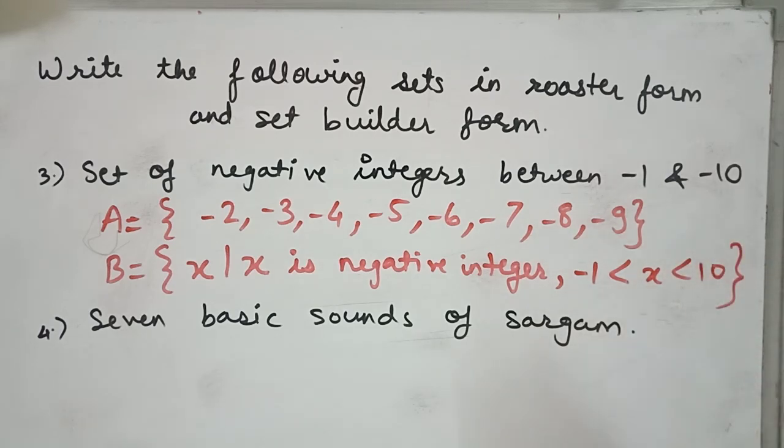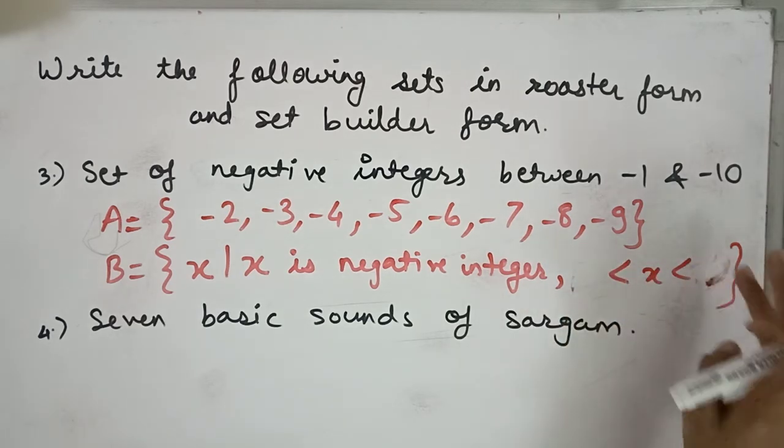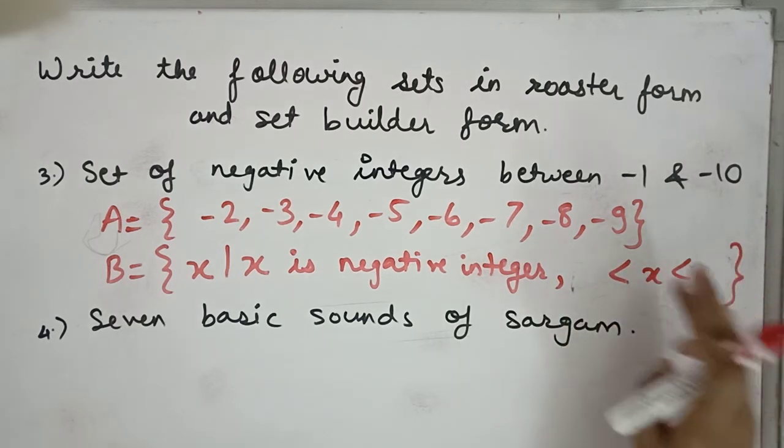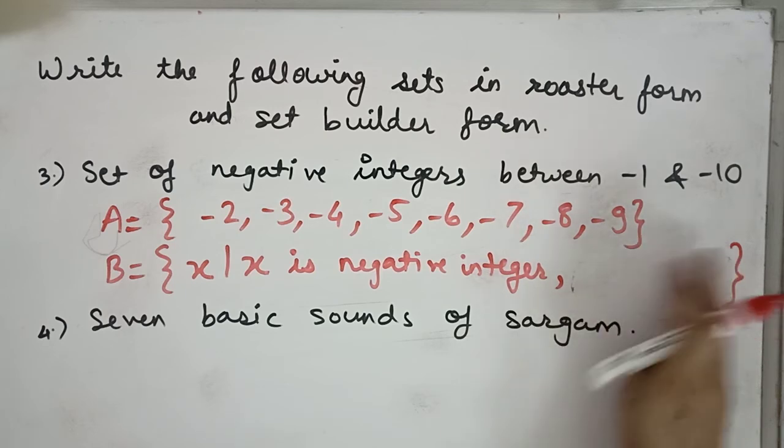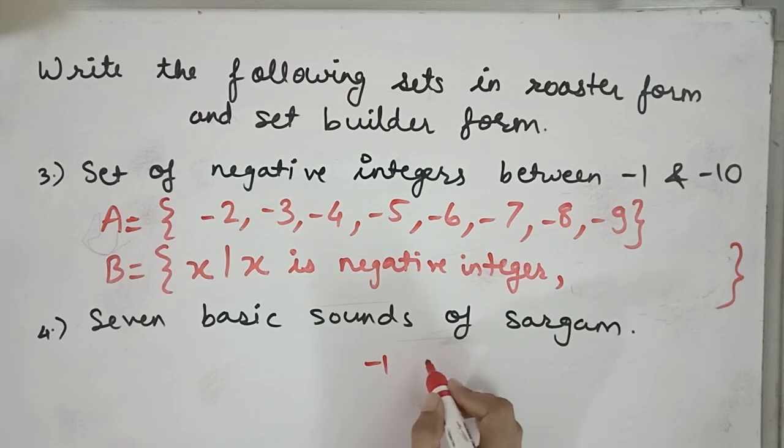Is it correct? No, because in negative integers, -1 is not smaller than -2. -1 is greater than -2.